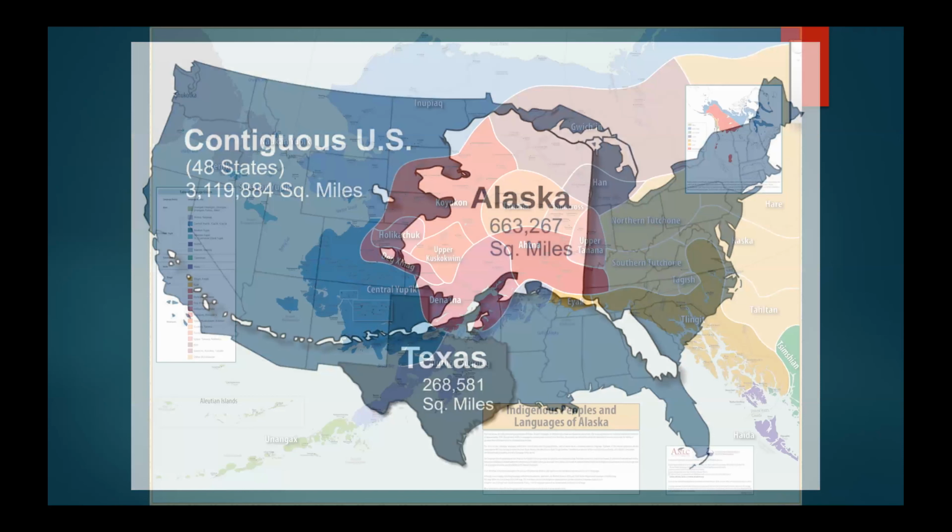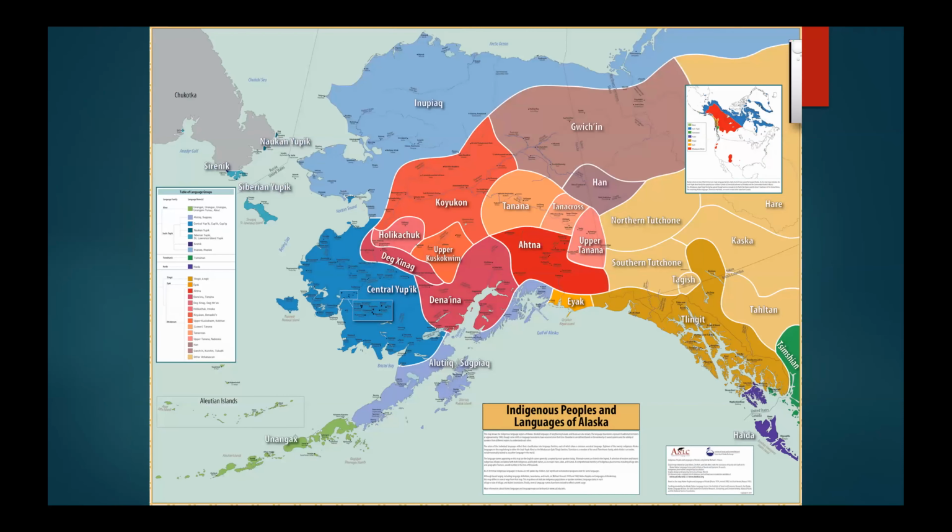Alaska also has 229 federally recognized tribes, and the way Alaska's geography and travel work, because there's so little infrastructure, is that you generally have one or two major population centers like Anchorage, Fairbanks, Juneau, and then within each of these cultural regions, which are almost like individual states, you have hub villages.